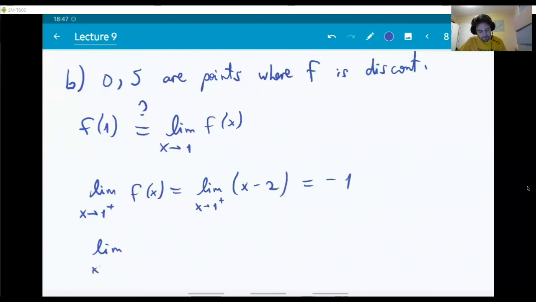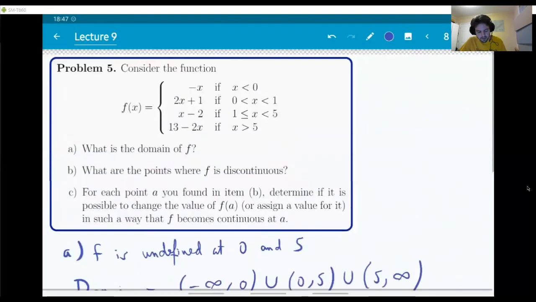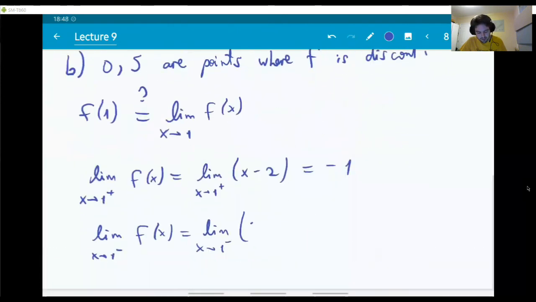Whereas if you're coming from the left side, so x is smaller than 1, but close to 1, then the expression will be 2x plus 1, this one. 2x plus 1 if you are between 0 and 1. What does this give you? 2 times 1 plus 1 is 3.